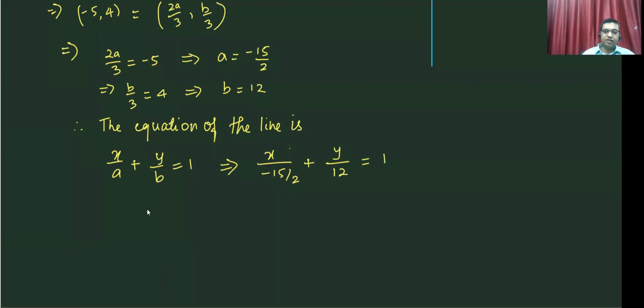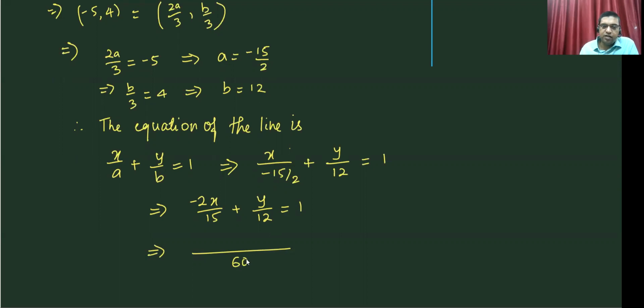You can simplify this. Minus 2x by 15 plus y upon 12 equal to 1. So what is the least common multiple of 15 and 12? 60. Good.